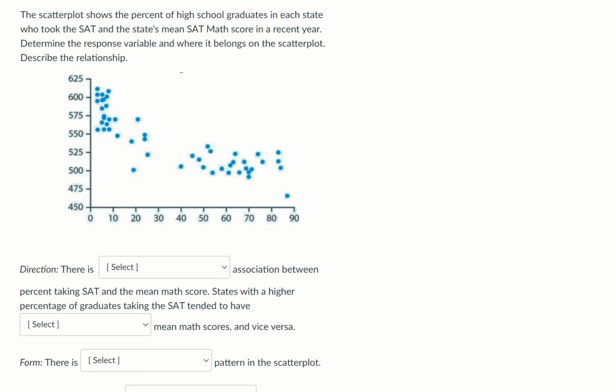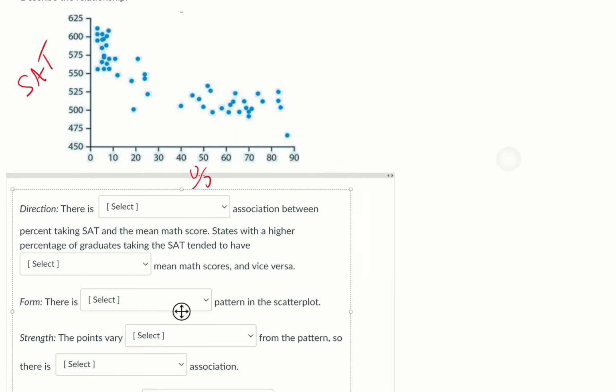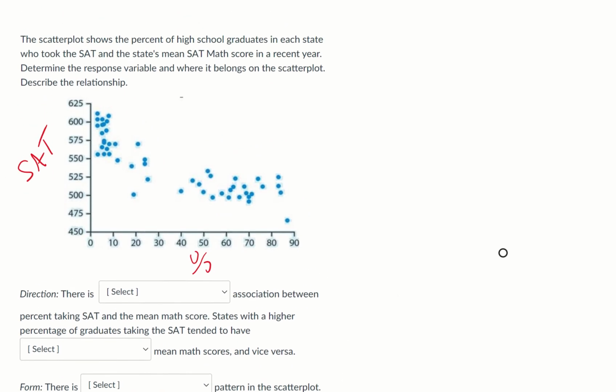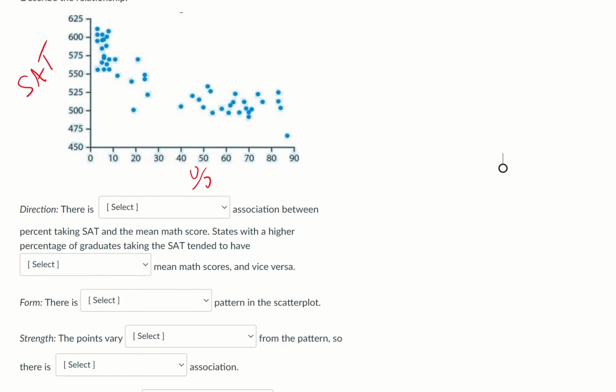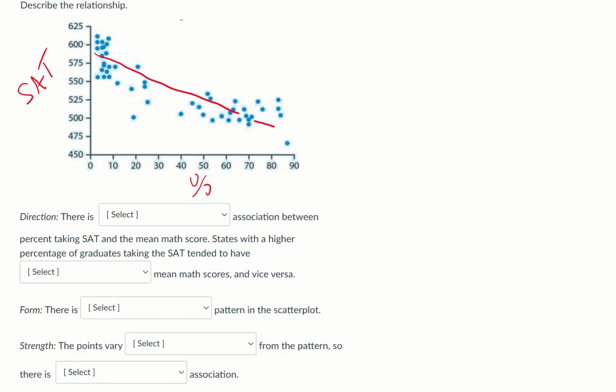Okay, let's look at the next problem. The scatter plot shows the percent of high school graduates in each state. So this is like the SAT example that we looked at earlier. We said the SAT score went here, and that the percent of high school graduates went here. Here they want us to determine the direction and describe the relationship in the scatter plot. It definitely looks like there's a negative relationship here.